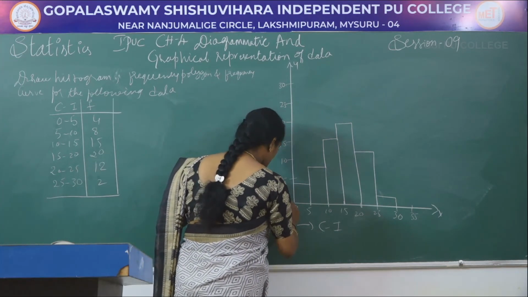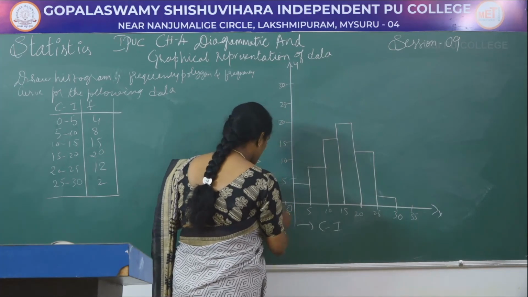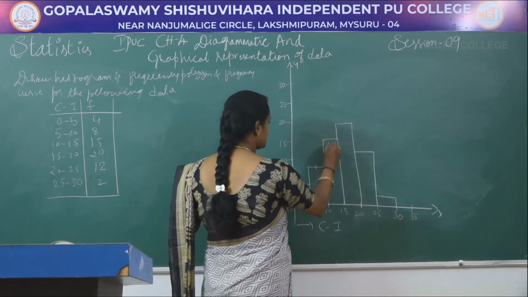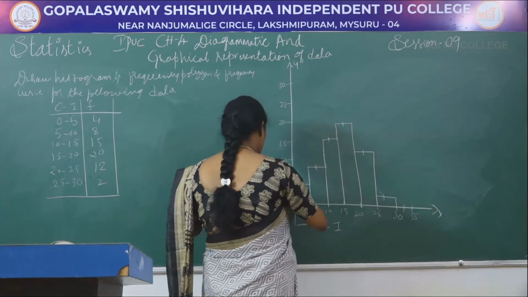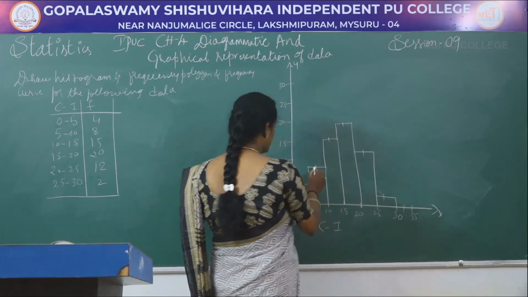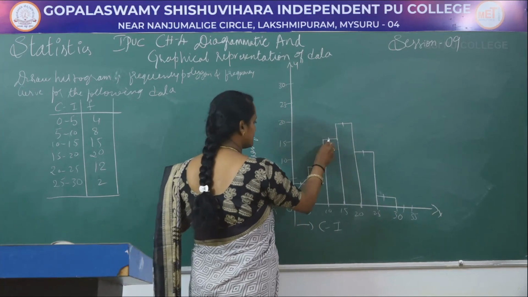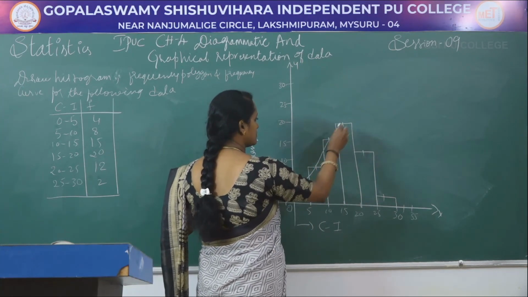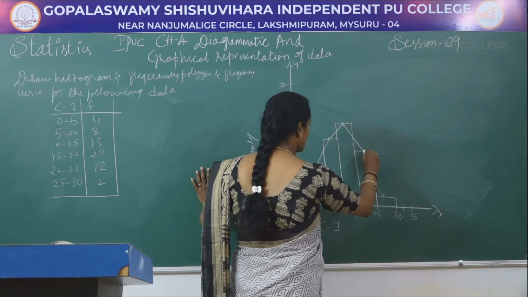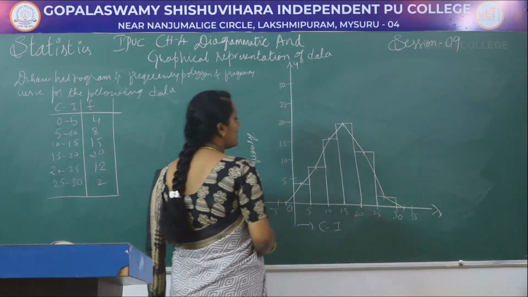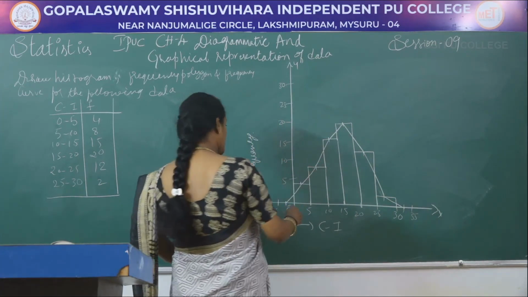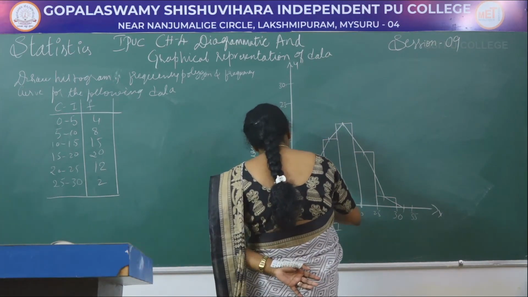Here I will write the midpoint here. Now you join these points with straight lines. Then again you join these points using dotted lines also.